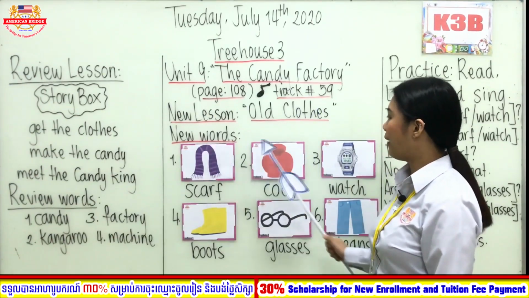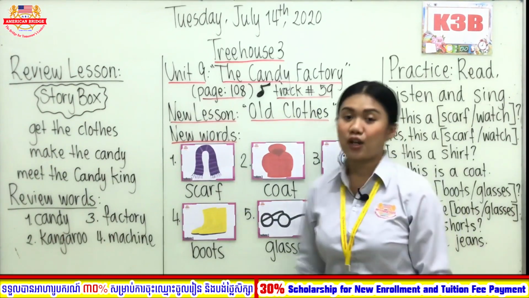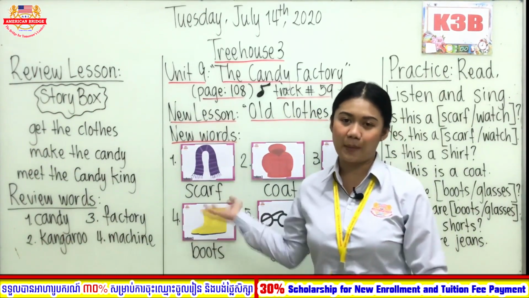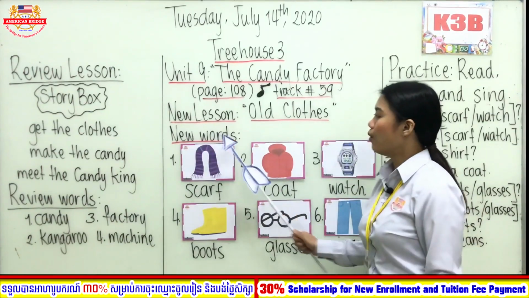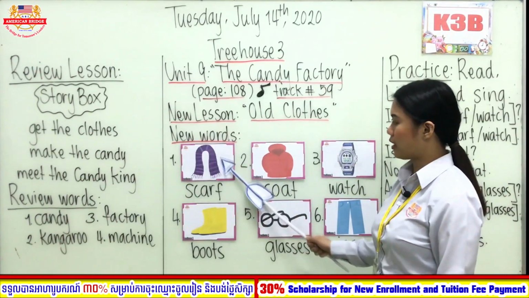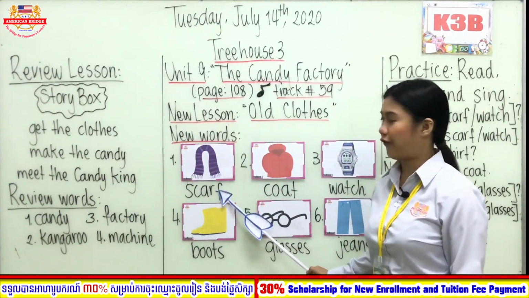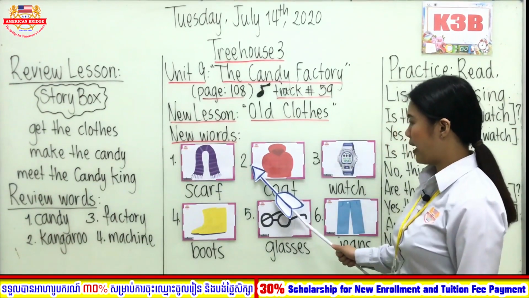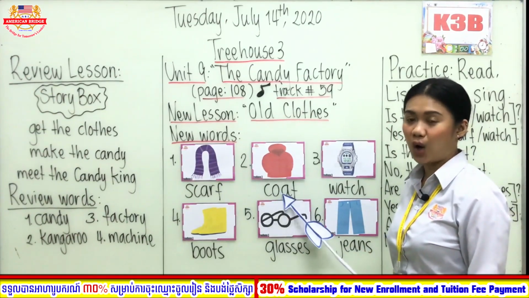And we have 1, 2, 3, 4, 5, 6 new words. Now let's talk about our new 6 words. New words. Number 1, this one is scarf. Number 2, this is coat.